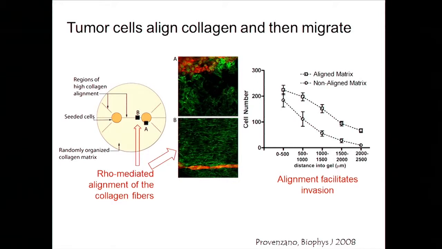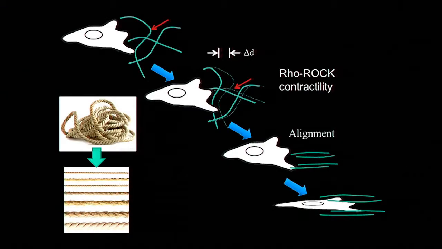They stretch it out. And then what we find is that cells prefer to migrate into the regions that are aligned compared to the regions that are not aligned. And in fact, that alignment requires that they have this Rho-ROCK ability to flex their muscles, as it were, to contract. So what happens here is that the cells pull on the matrix, kind of like taking a rope and straightening it out.